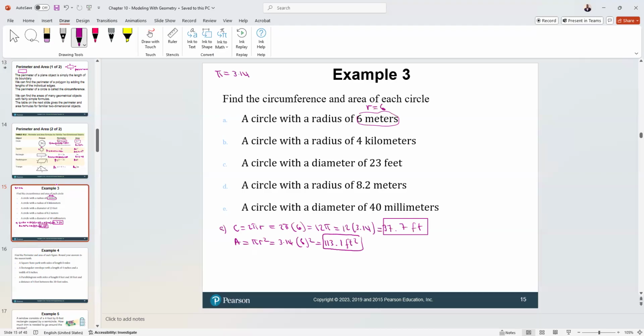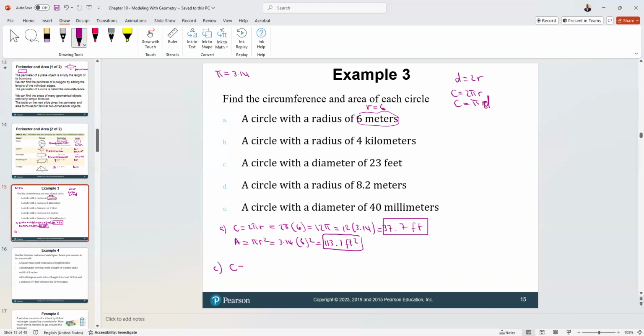Okay. Now, we can do one with a diameter. Let's do C. For C, this is the circle with a diameter. Remember, diameter D is 2r. So for circumference, we can say 2 pi r, or we can say circumference is pi D when you know the diameter. Now, let's go.